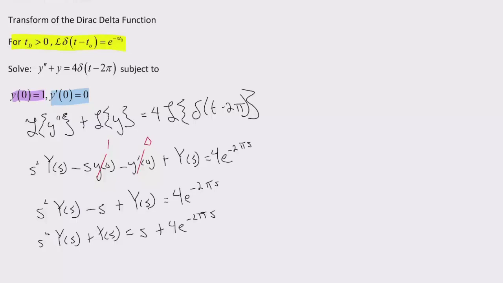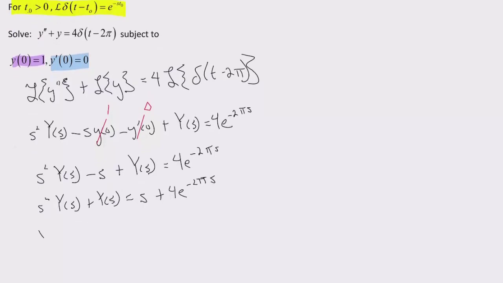And I can factor out the y of s. So that's y of s times s squared plus 1 equals everything else. And then divide by s squared plus 1.